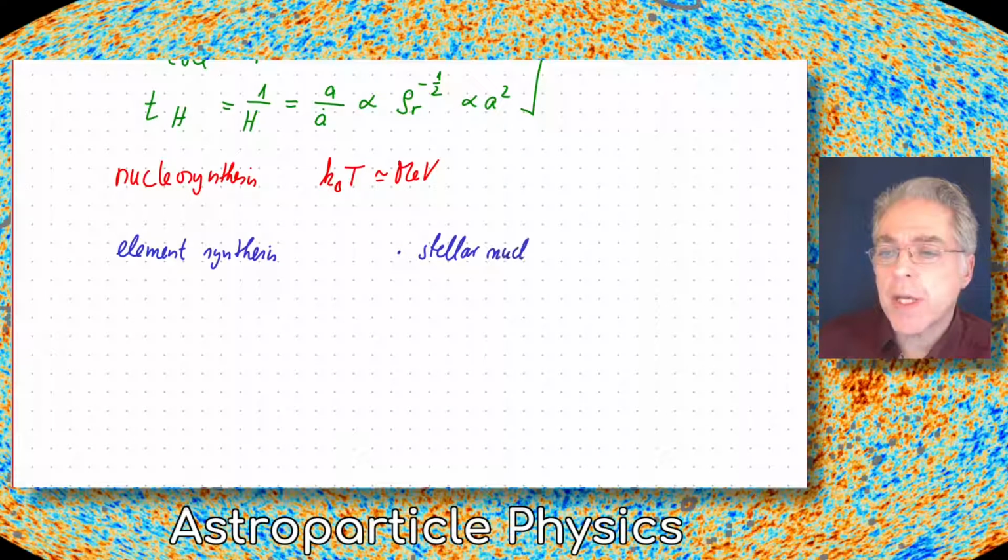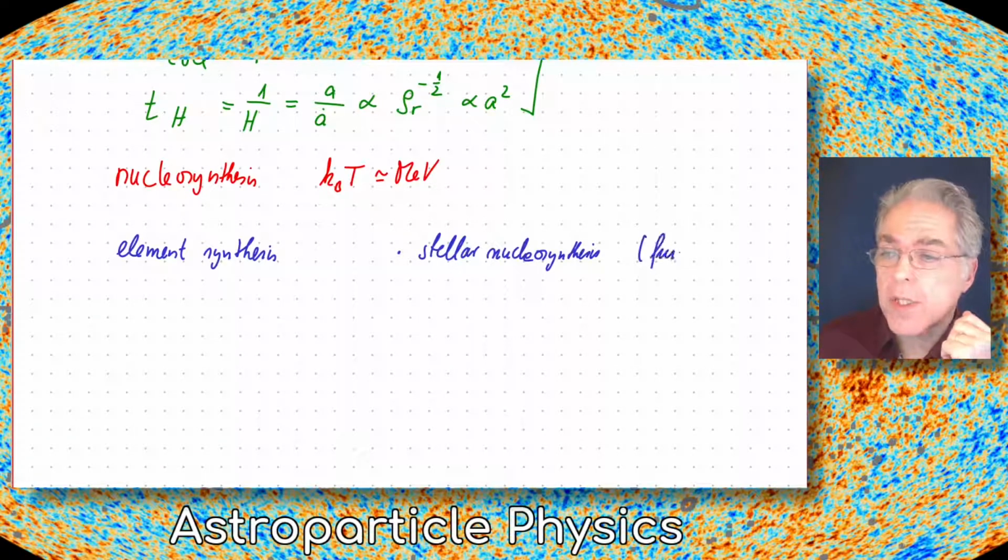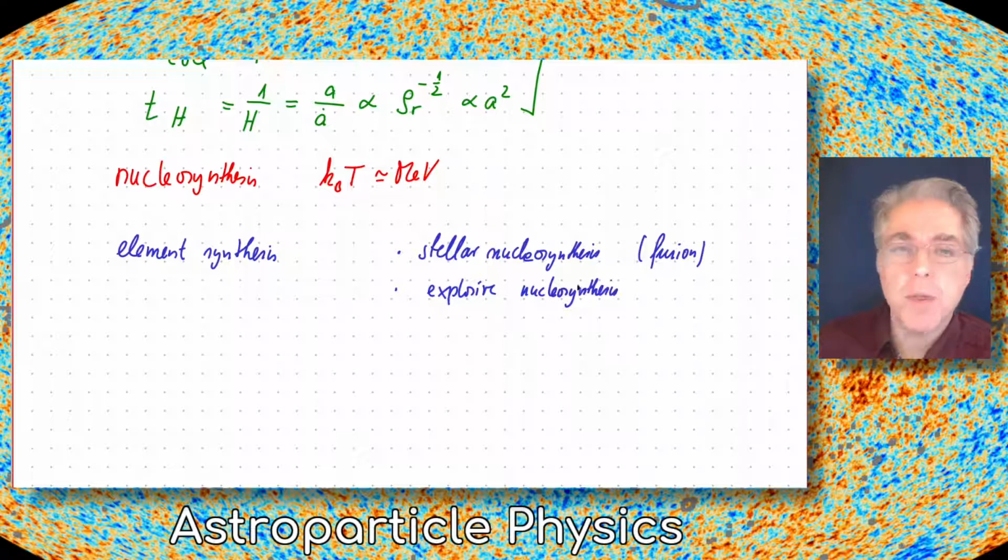That is ongoing in our stars and driving the stellar heat production. These are usually fusion processes. And at the end point of stellar evolution, we have explosive nucleosynthesis. These are very important to produce heavy elements beyond, for example, iron.